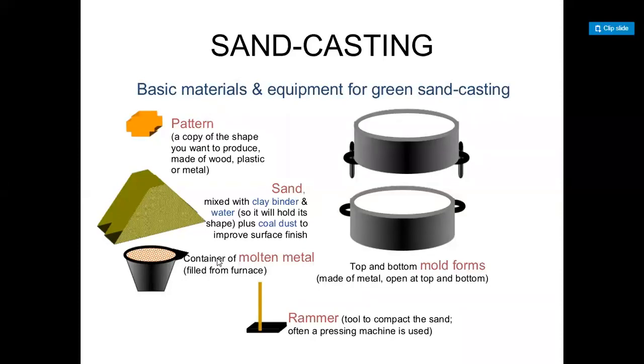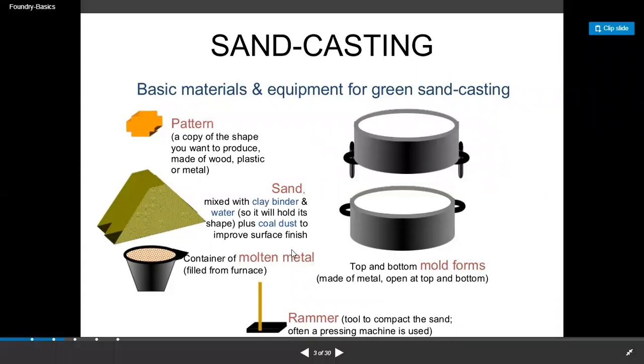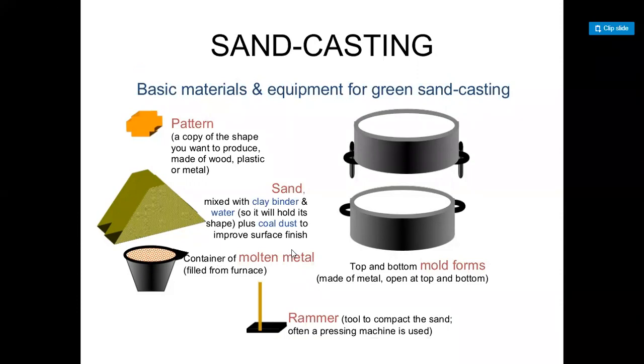So how should the molten metal be made? We take the raw metals and put them in induction furnaces; there are different types of furnaces. It should be maintained at around 2500 degrees centigrade or 2200 degrees centigrade to melt these metals.